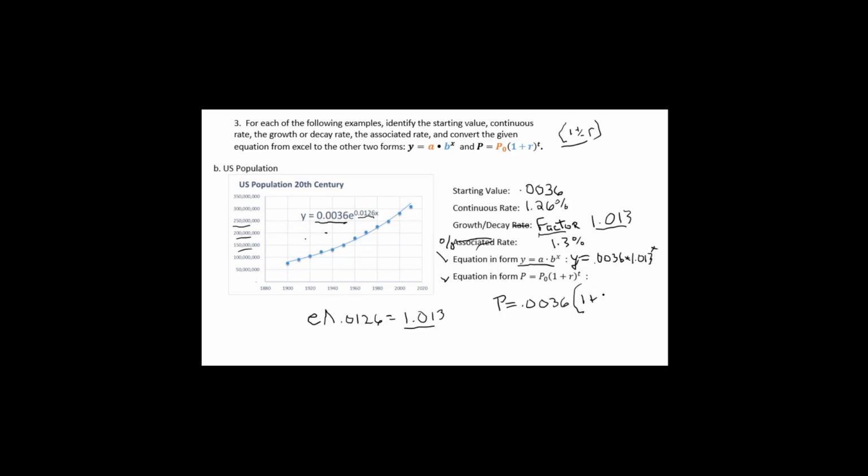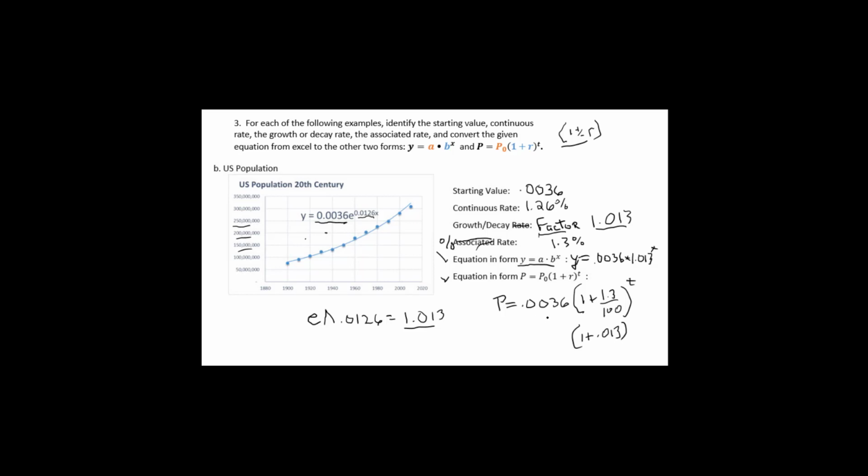That's the growth rate. 1.3 over 100 raised to the t power. Or you could make that 0.013 also. You could simply do this, 1 plus 0.013.